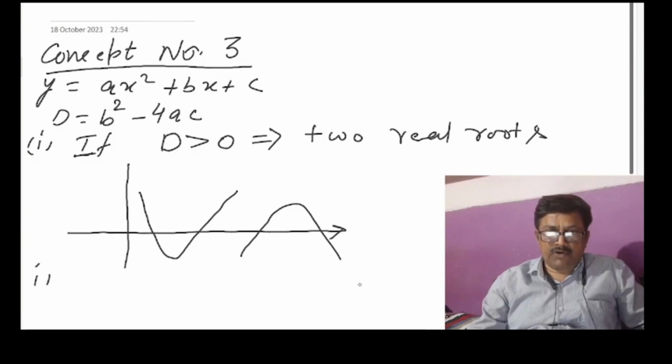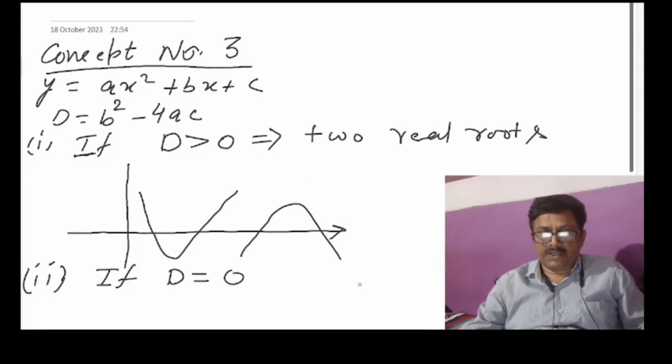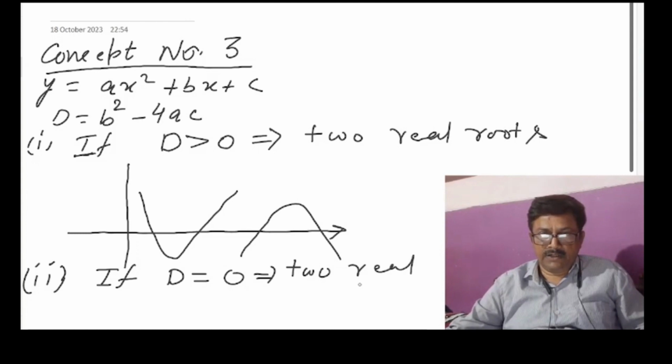Now the second point of this concept. If the discriminant is equal to 0, the discriminant of any quadratic is 0, it means this equation has two real and equal roots.